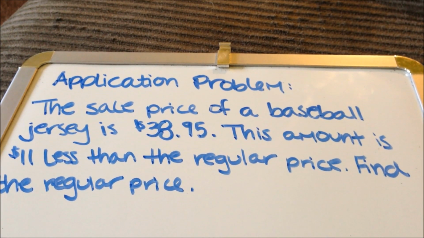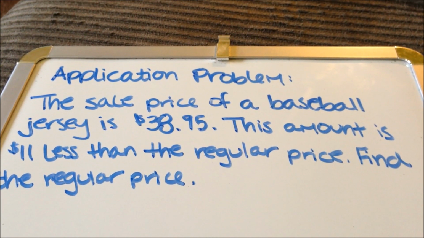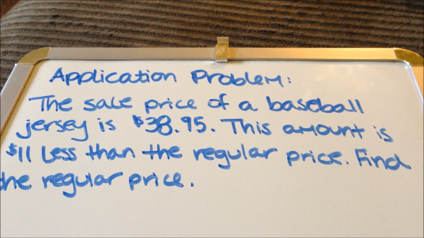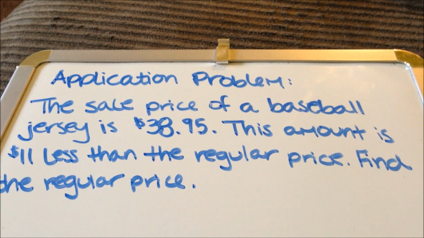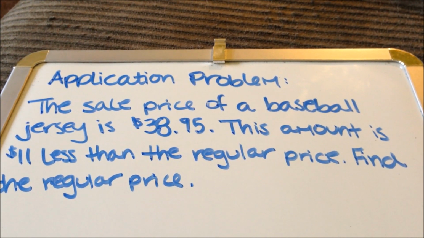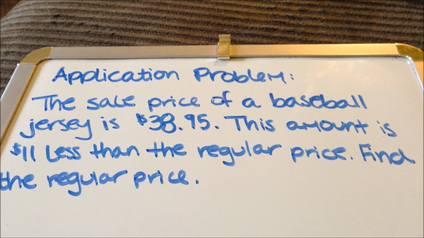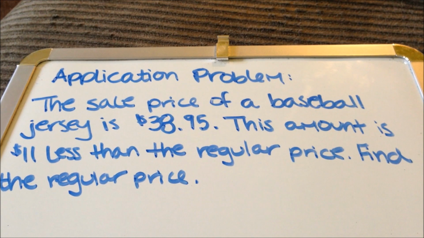The last part of this section I want to cover is an application problem, or a word problem. The sale price of a baseball jersey is $38.95. This amount is $11 less than the regular price. Find the regular price.